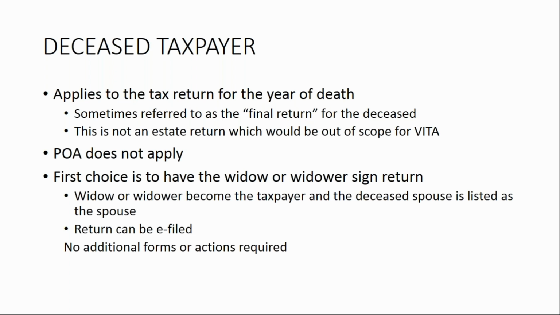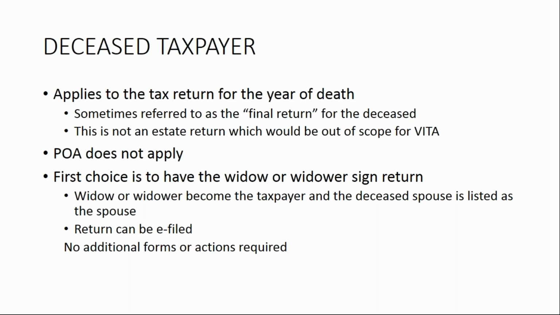If it's a married couple and one of the couple has passed away, then the other spouse becomes the taxpayer. So maybe we have a situation where we have a husband and wife. The husband was always the taxpayer and the wife was the spouse on the tax return, but the husband has now passed away.